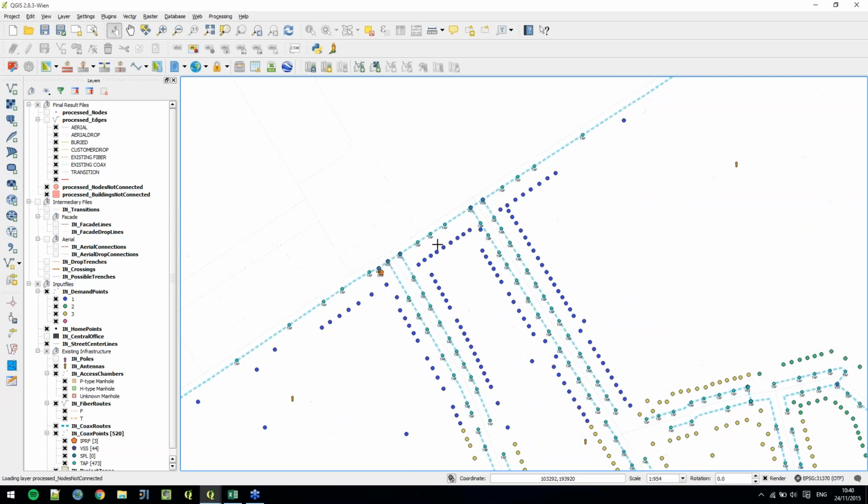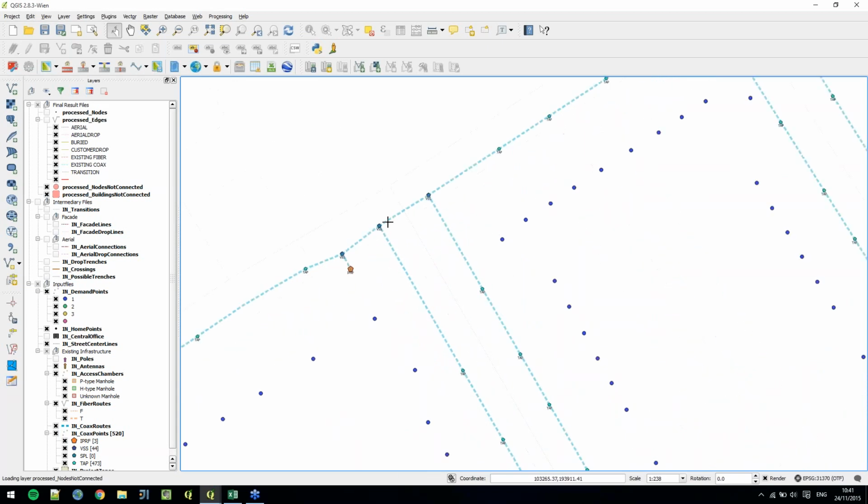The type of input data that we need for this type of scenario is quite similar. We also need our street center line data and demand point data. And we can read in the current coax routes and cables, together with the tap boxes, amplifiers, and existing nodes that have a fiber connection at the moment.